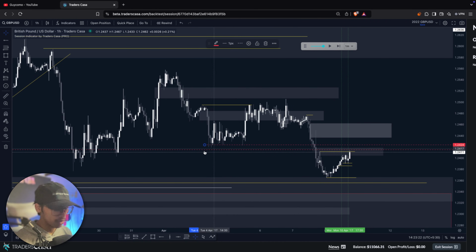So these two levels I have drawn: this is according to the daily time frame, the change in structure liquidity. This is according to the 1 hour time frame, change in structure liquidity.